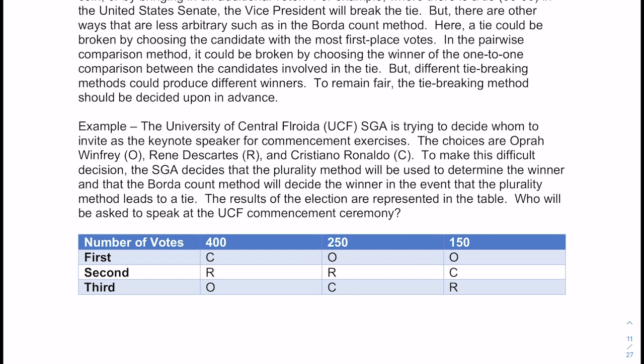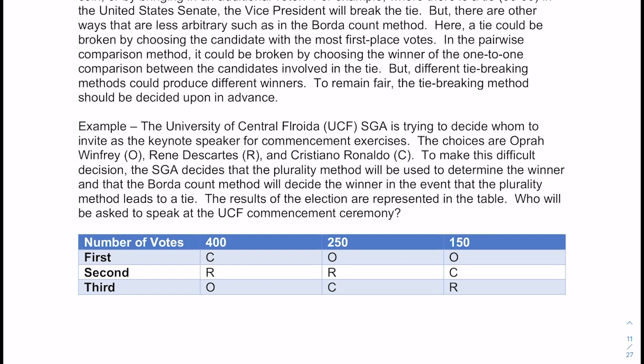Because if you don't pick the tie-breaking method beforehand, let's say this candidate won and you weren't really a fan, and you wanted the other person to win, you could come up with a way to break the tie, but it would favor the other person, and that's not fair. So in both instances, you want to make sure you pick the voting method and the tie-breaking method in advance.